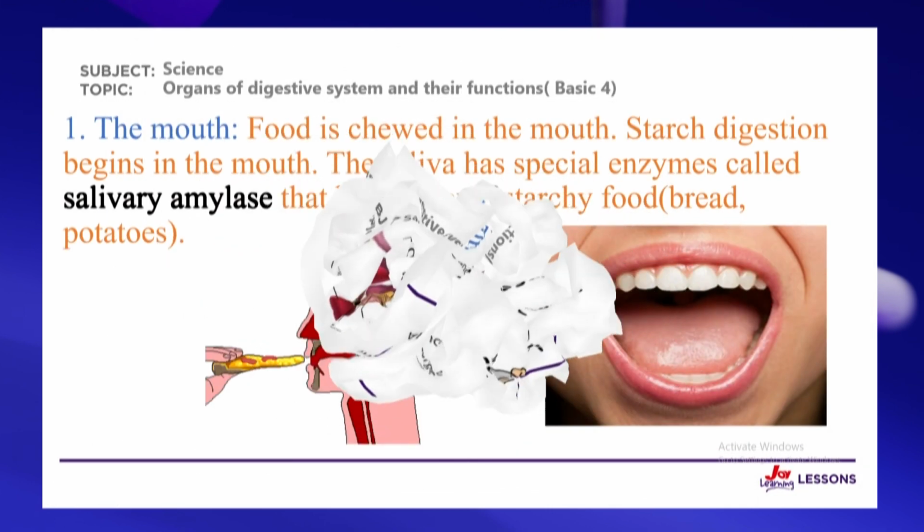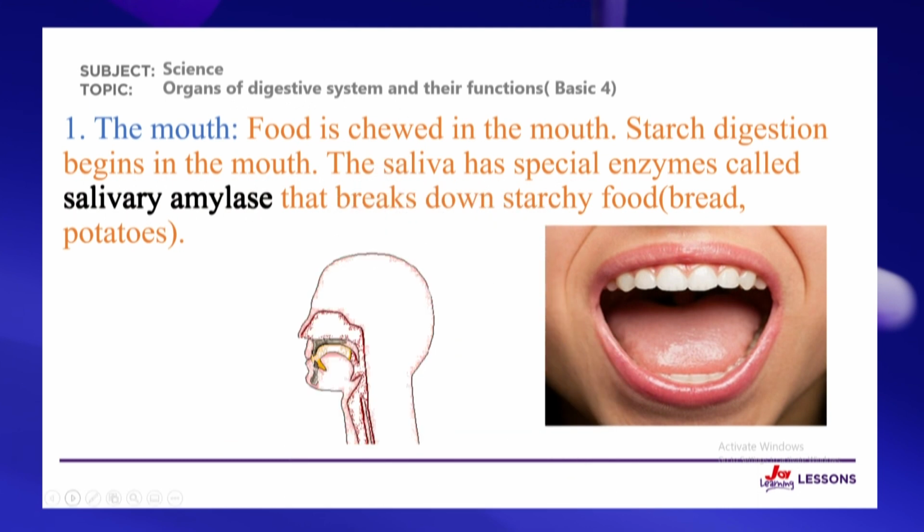Okay, so let's look at the parts one after the other. The mouth, what do we use the mouth for? Food is chewed in the mouth, and starch digestion begins in the mouth. The saliva has special enzymes called salivary amylase that breaks down starchy food like bread or potatoes.